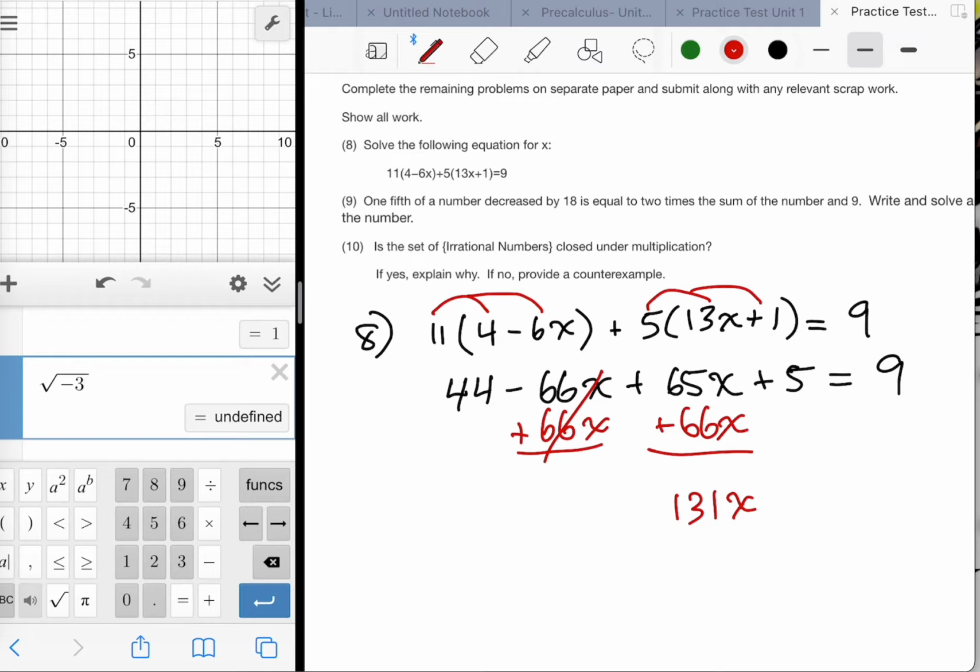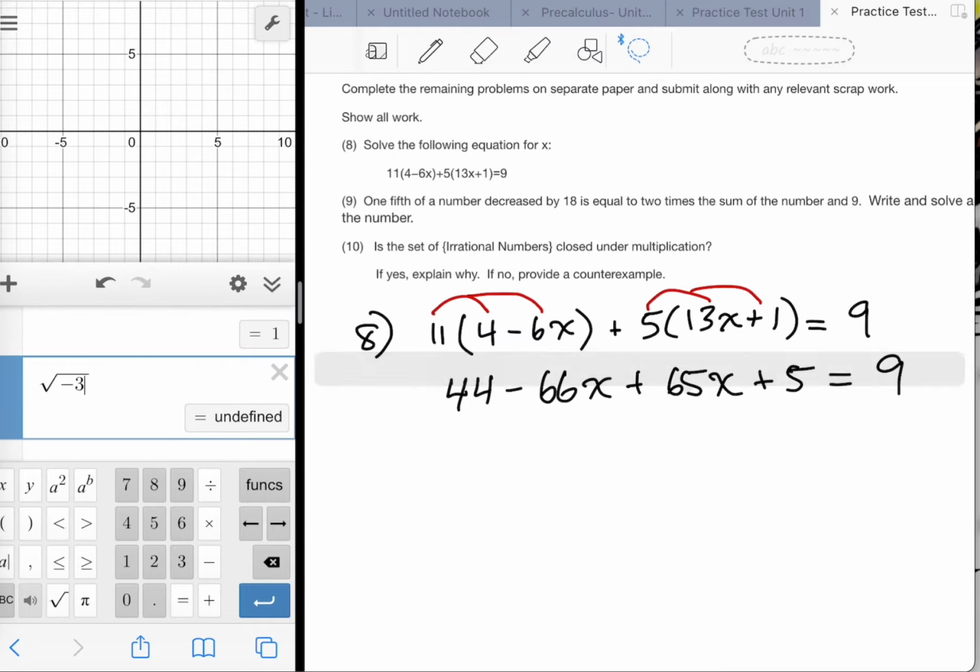To keep it balanced, I have to add 66x to the other side. That's the whole point. If you add 66x twice to the same side of the equation, it's really, really imbalanced now. In order to balance it out, I'd have to add 132x to the other side. So that's no good. We don't want to do that.